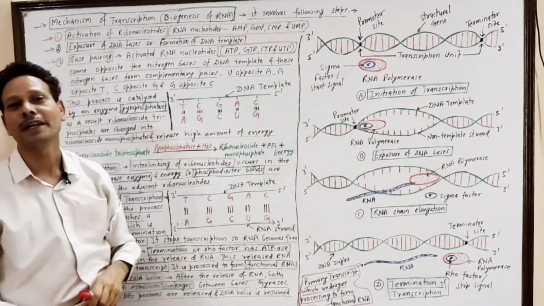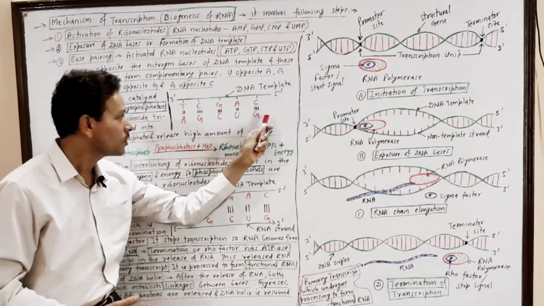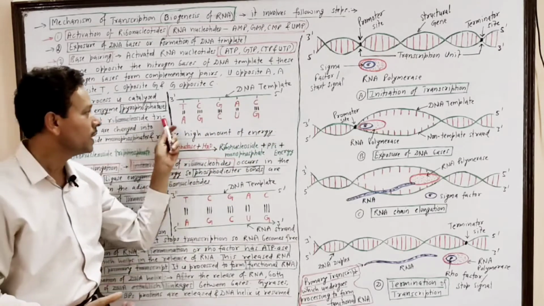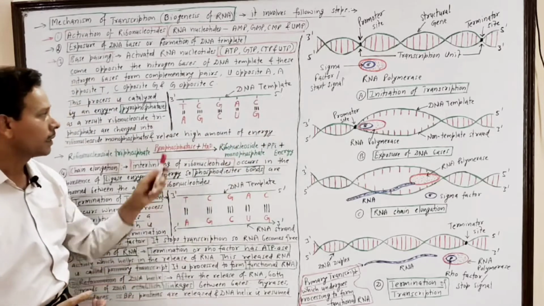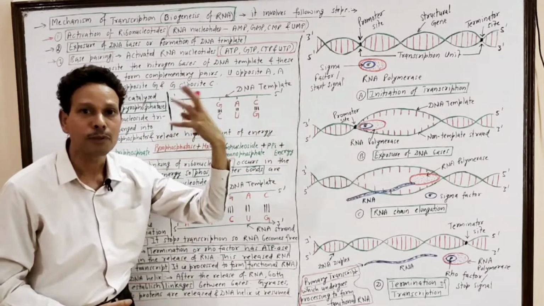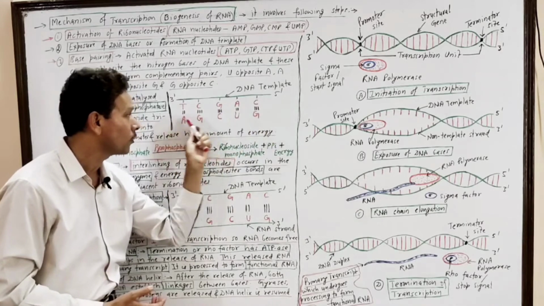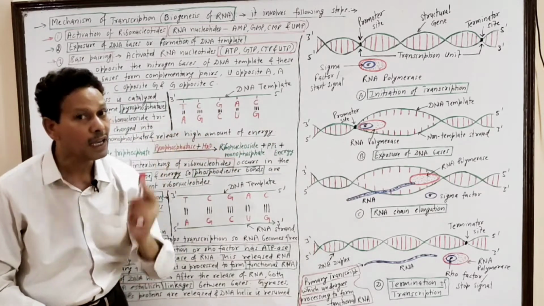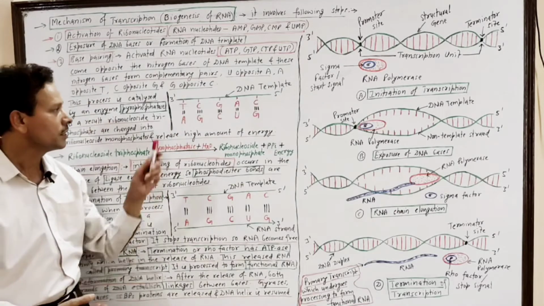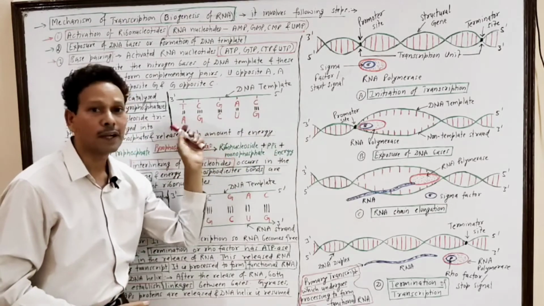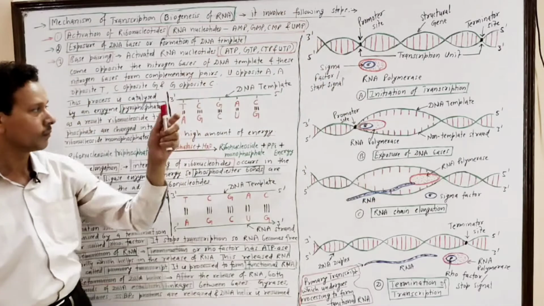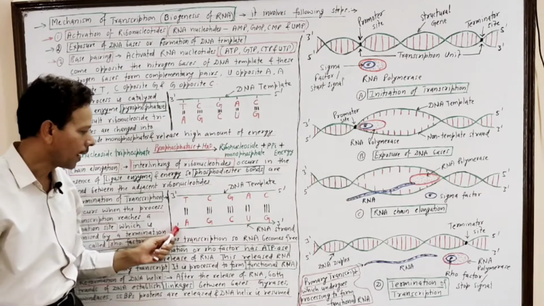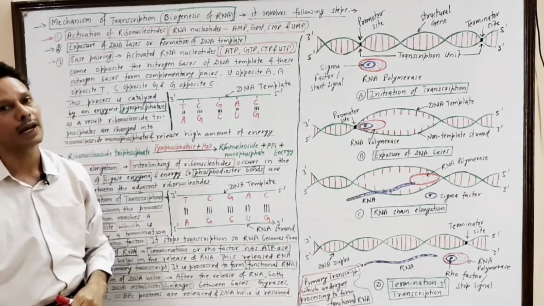After the base pairing, phosphodiester bonds are established between the adjacent nitrogen bases of RNA, and that is catalyzed by the ligase enzyme. As a result, this RNA strand gets elongated and its polarity always runs in the 5' to 3' direction.